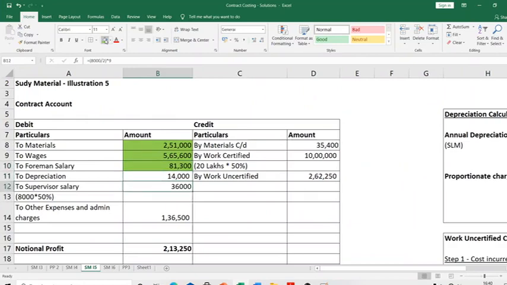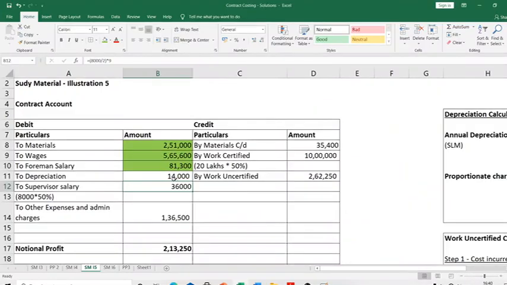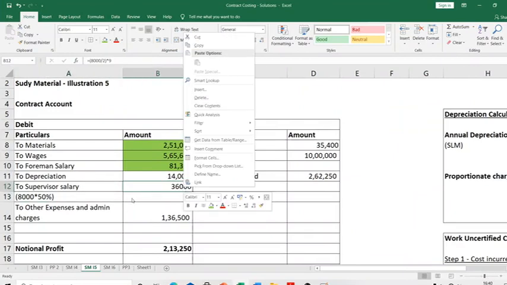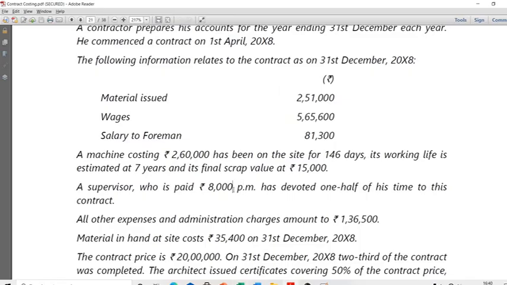To supervisor salary, see the supervisor is paid 8,000. Don't entirely debit 8,000 because he has devoted only one half of his time to this contract. So you charge only one half of this here. So it's going to be 8,000 into 50%. However, it is 8,000 per month.